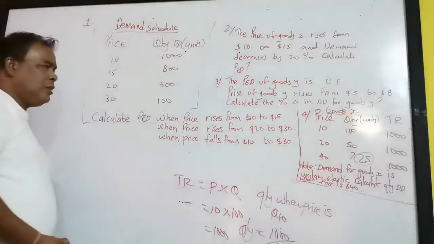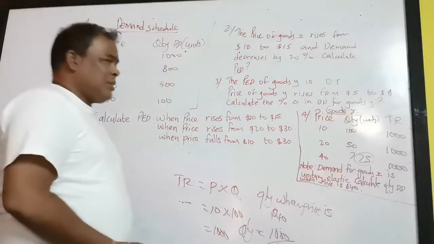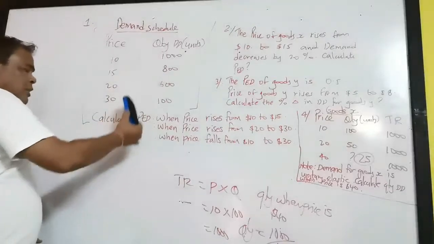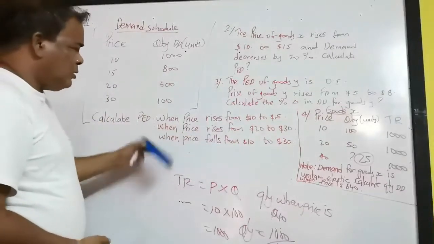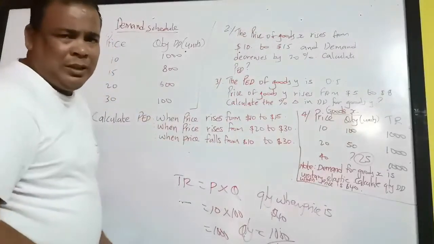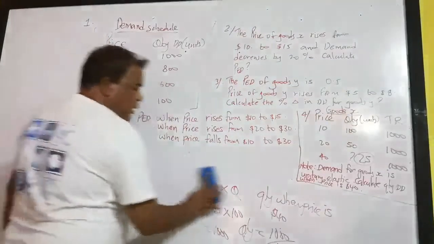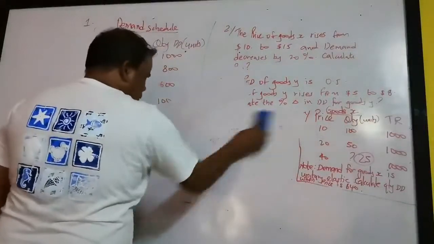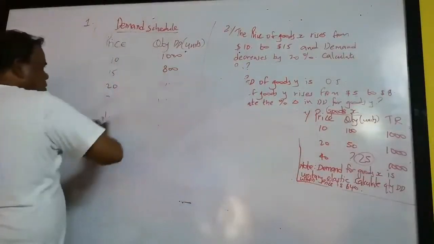So that is how to calculate price elasticity of demand in different situations. When you are given a demand schedule, you apply the formula, and whatever is missing, you apply the formula and then you replace. So here we are concerning the computation of price elasticity of demand.